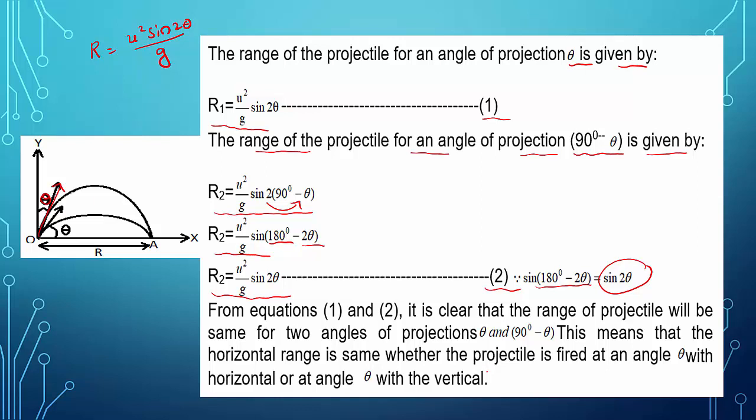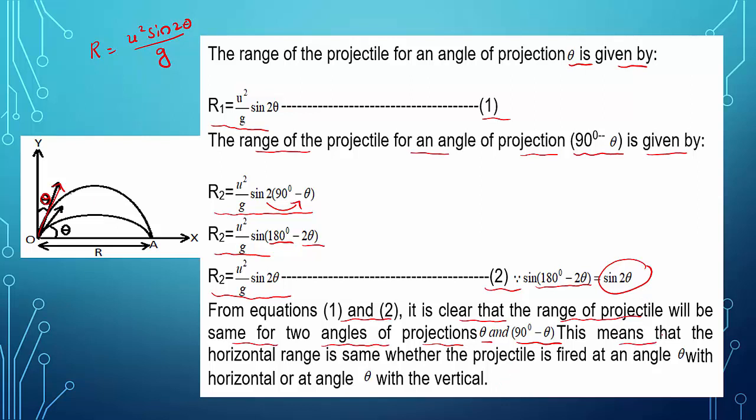Angle may be theta or 90 minus theta, but horizontal range is the same, that is u square sine 2 theta divided by g. Then what is the conclusion? From equation 1 and 2, it is clear that the range of a projectile will be same for the two angles of projection theta and 90 minus theta. The range of projectile will be same.